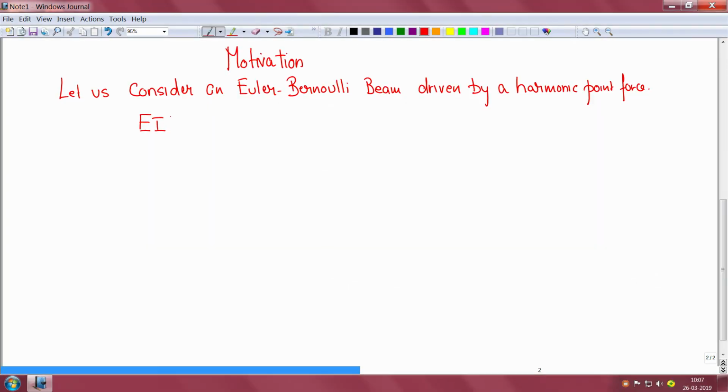So, the equation of motion can be written as E I del 4 W by del x 4 plus m dash del 2 W by del t square, and there is a point force applied at x equal to x 0.